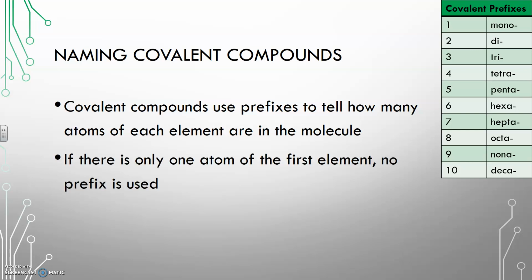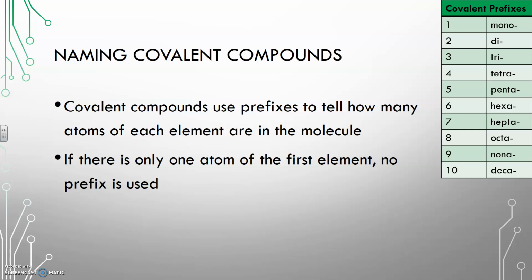So if there is only one atom of the first element listed, no prefix is used for it. If there's one of the second element listed, then you use the mono. Okay? So for an example, if you have water, it's H2O, okay, there's one oxygen, but oxygen is listed second.